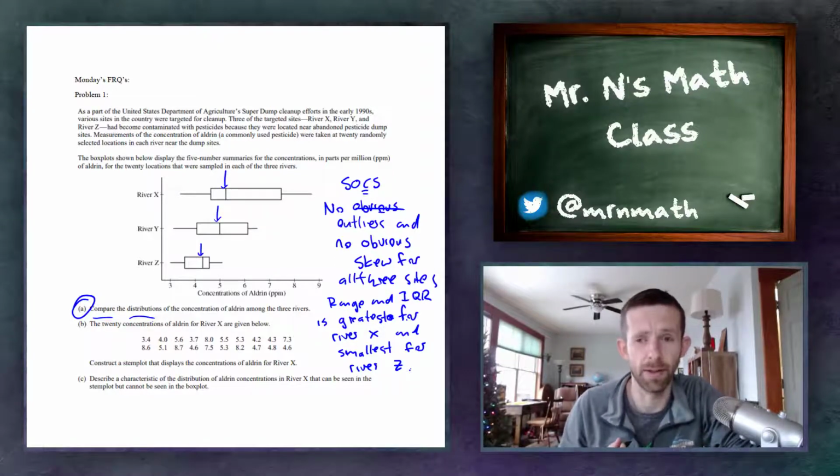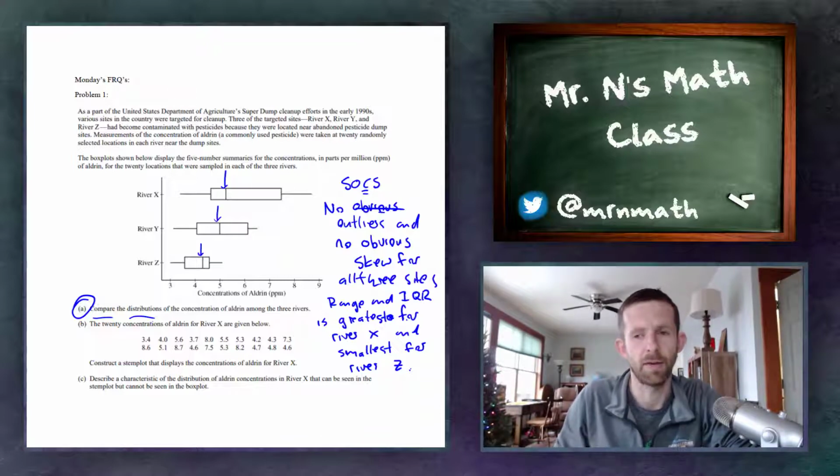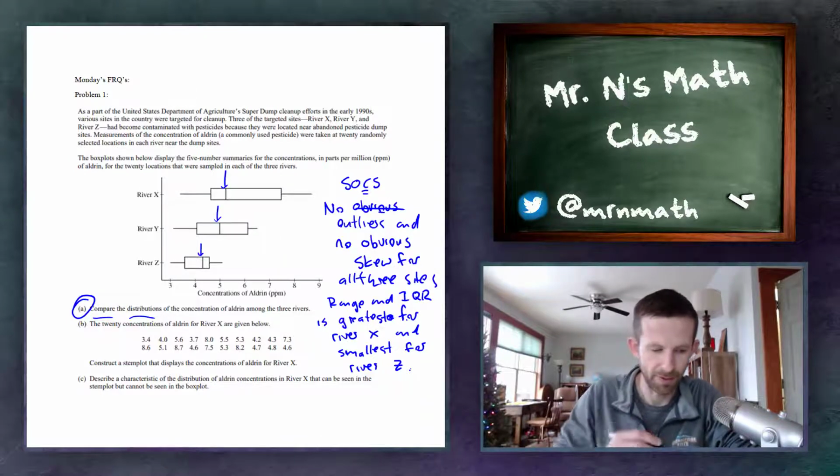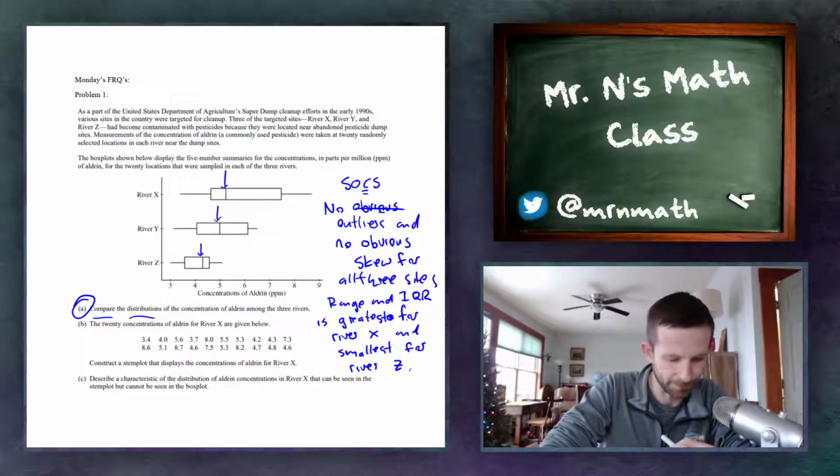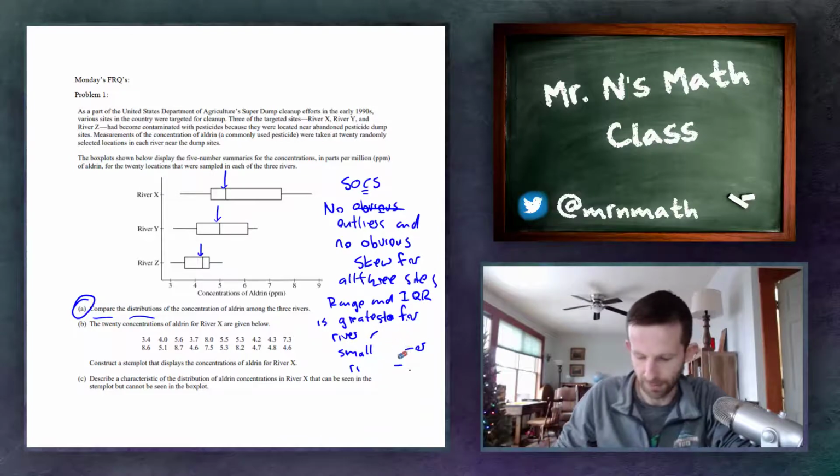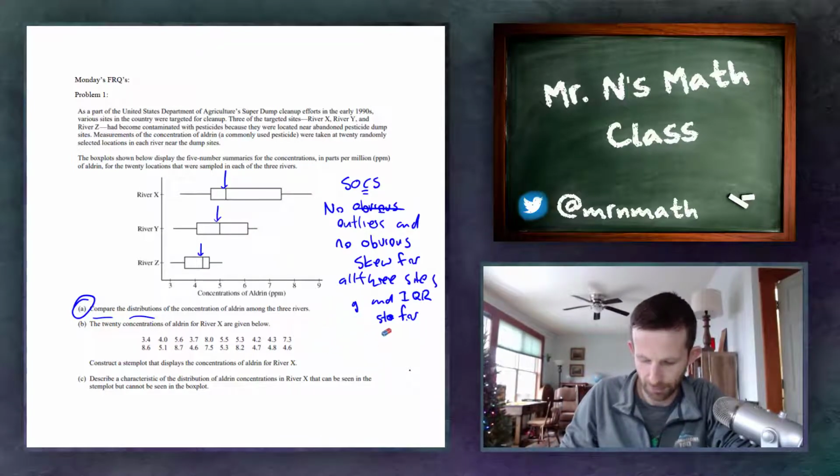Outliers, there's no outliers for any of them. The center, the median is greater for X than Y than Z. And for spread, the range and interquartile range is greater for X than Y, and then Z is the smallest. So that's the SOCs for that. I'm going to erase this so that I have more room for the other question.